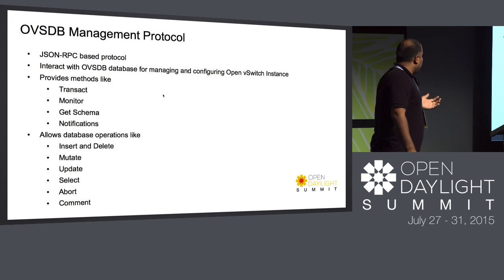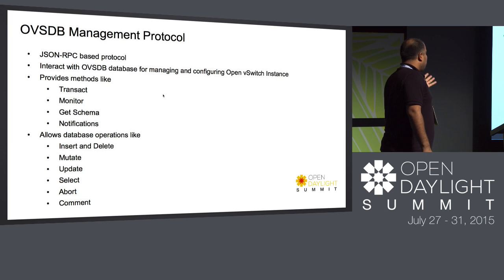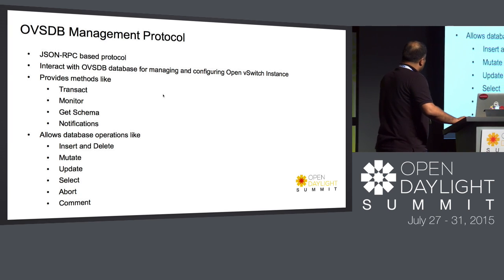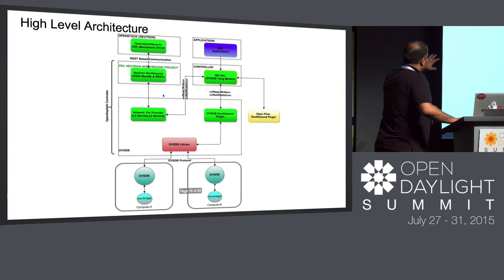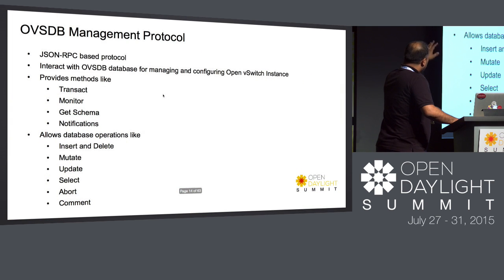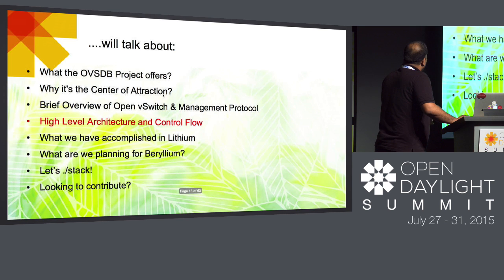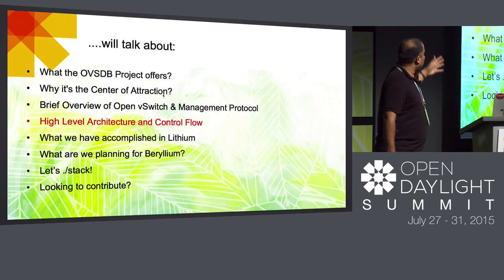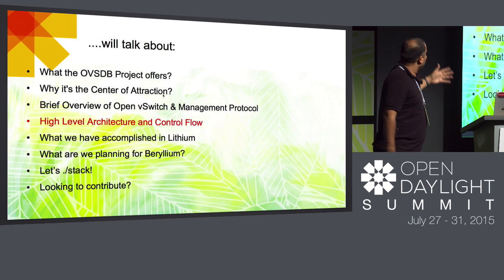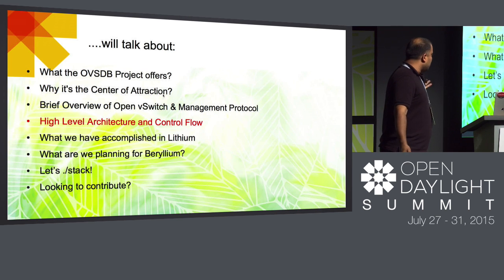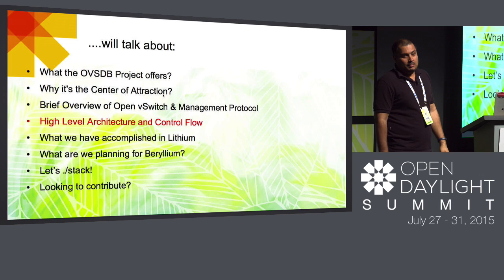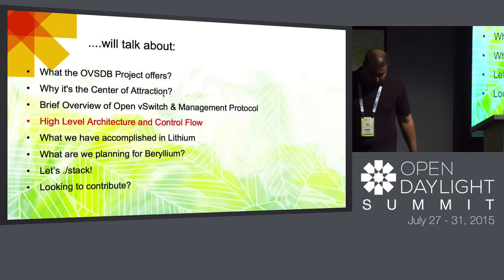It provides insert, delete, mutate, update, select, abort, and comment operations. We exercise most of these here. You will see all of this in the library code. Okay, so I'll hand over to Sam. Sam will take you through the high-level architecture, the control flow, and what we have accomplished in Lithium and Beryllium, and then we'll start with the demo.